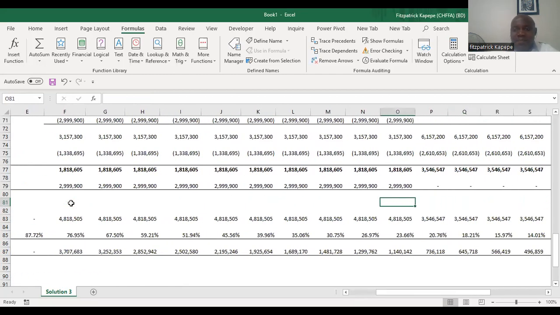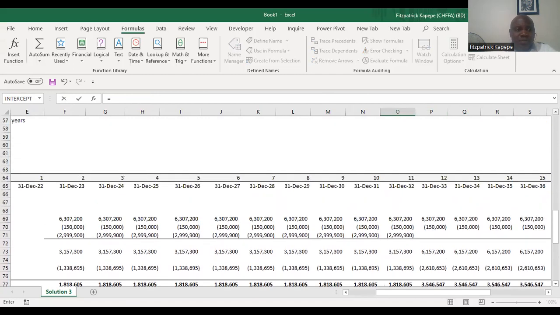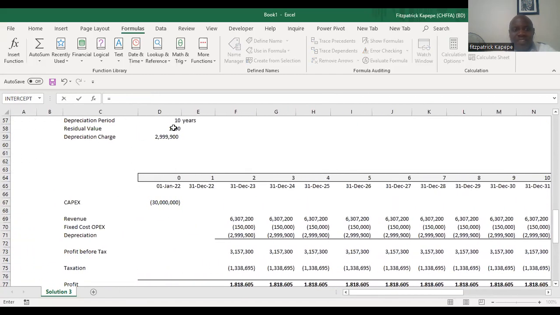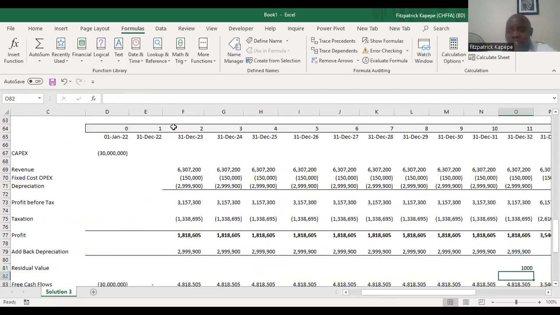So here in the 10th year, which would be cash inflow, this residual value, others would call it scrap value. Others would call it terminal value. Please be mindful of these terminologies.